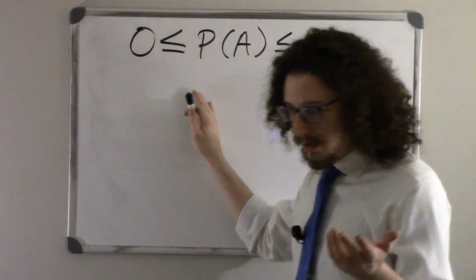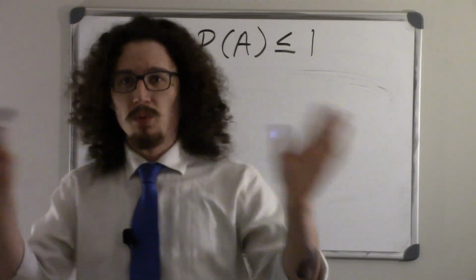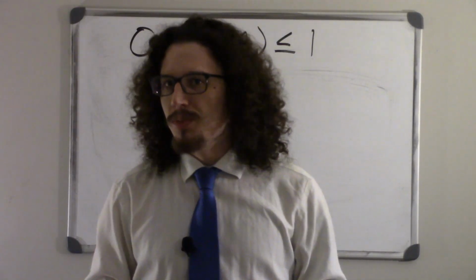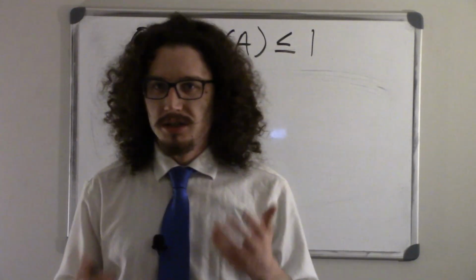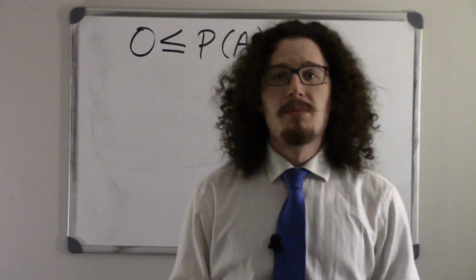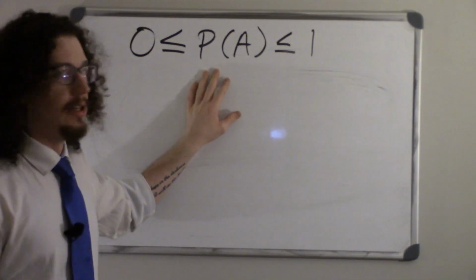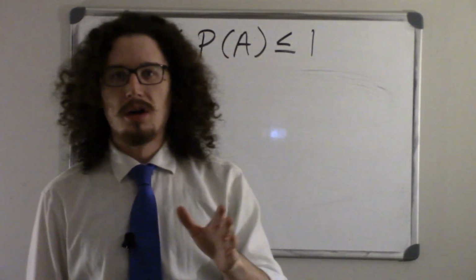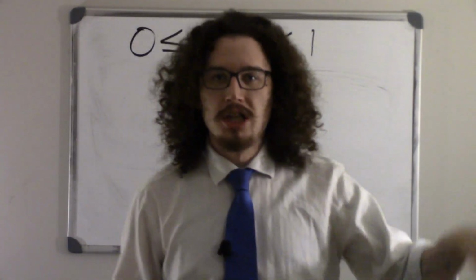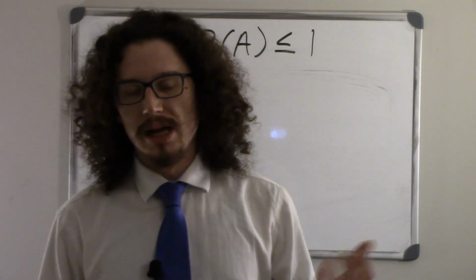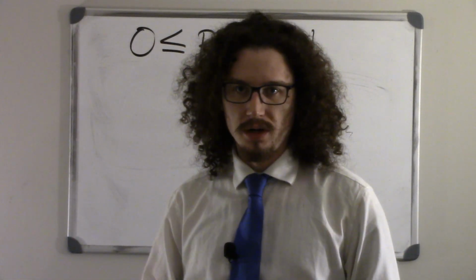you mess up a little bit and you can get weird numbers. In this chapter, it's not going to be super common that you're going to mess up and get a number that's negative or greater than 1, but it can happen. And it's good to know that when you see that, you say, oh, hey, I must have done something wrong. I need to stop here, go back, and check my work, because I can't have a probability that's negative, and I can't have a probability that's greater than 1.